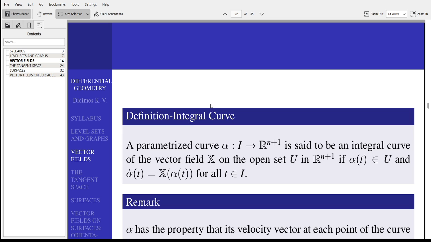So a parameterized curve alpha is an integral curve of the vector field X if the image of alpha is fully contained in U, and the velocity vector of alpha coincides with this vector field X. If X is the velocity vector field of alpha, then we can say that it is the integral curve. Then we have a remark: alpha has the property that its velocity vector at each point of the curve coincides with the value of the vector field at that point. That is nothing but the definition.